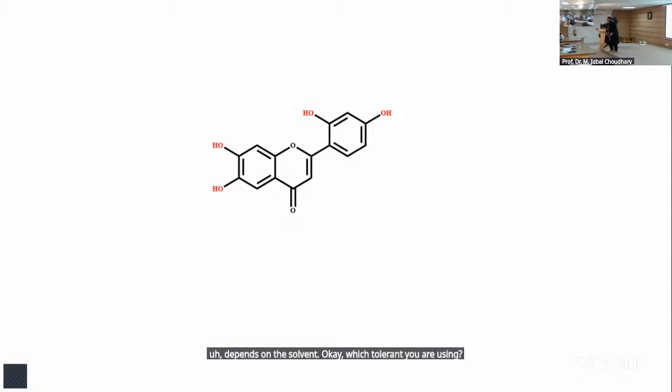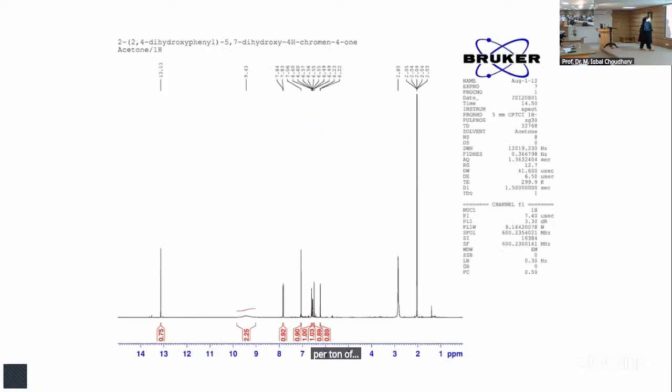If you are using methanol, then you probably will not observe any proton. Usually, when we are solving the structure, unless we are studying some kind of hydrogen bond, we do not assign the proton of the hydroxyl.